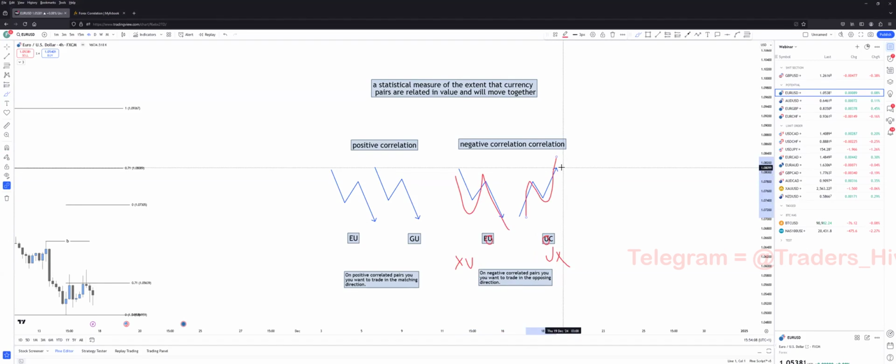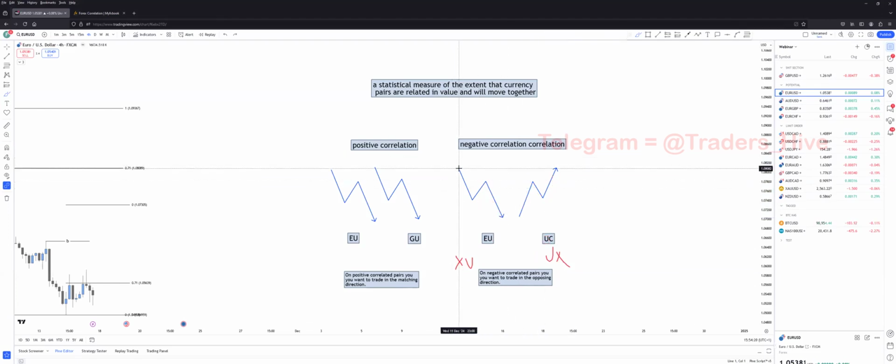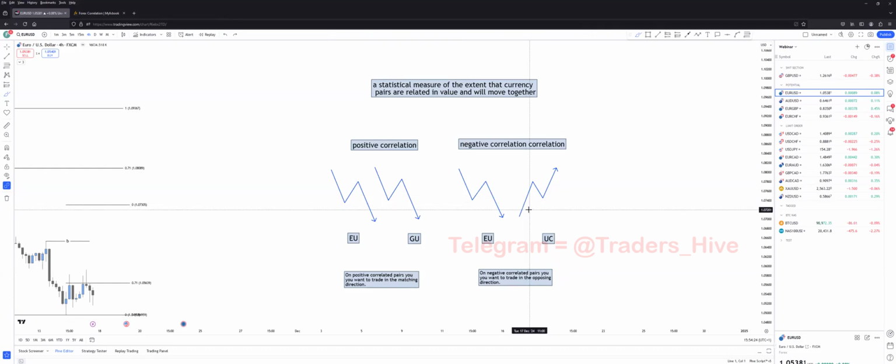Because of the US dollar inside of these two pairs, the US dollar is the dominant currency in this. This is the common currency that can be found in both of these currency pairs, right? So if Euro US dollar, in this case, moves to the downside, USD CAD has to move to the upside. And this is the negative correlation because of the XXX USD and the USD XXX.